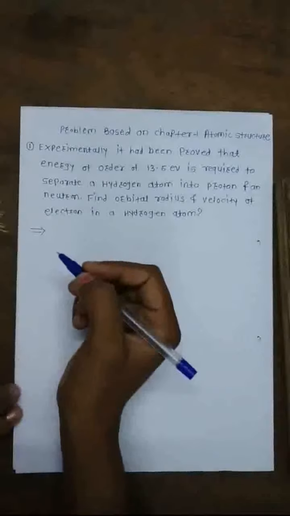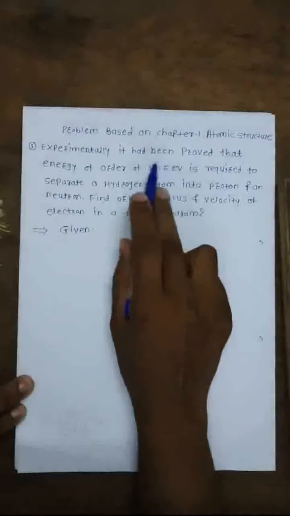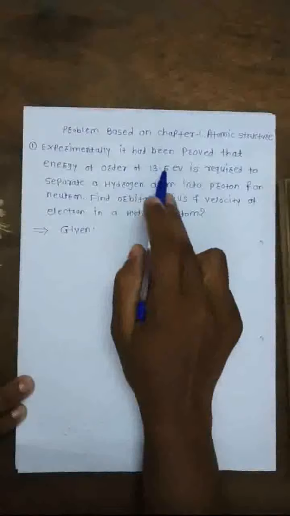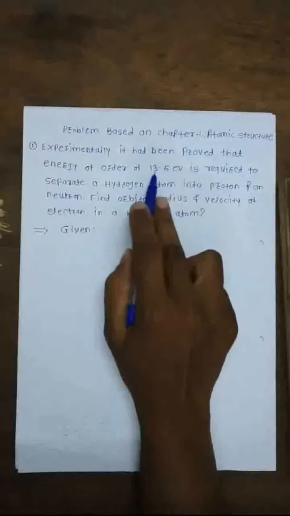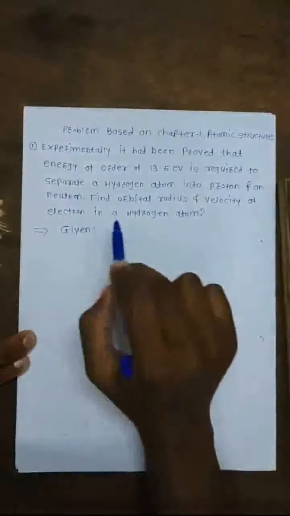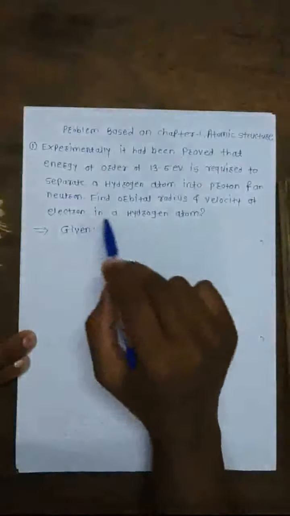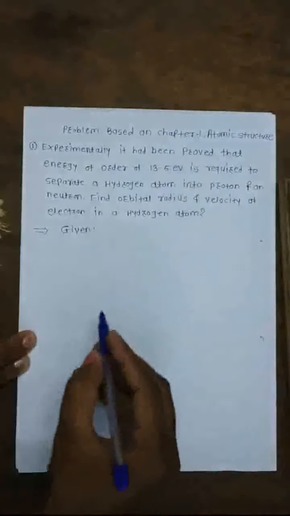First we have to write the given data from this problem. The ground state energy of a hydrogen atom is 13.6 electron volt. Now we have to find the orbital radius and velocity of an electron in a hydrogen atom.